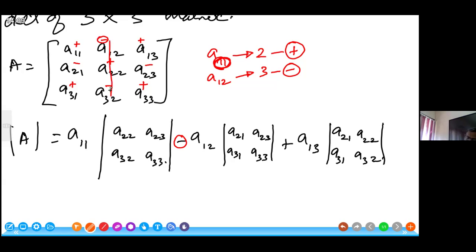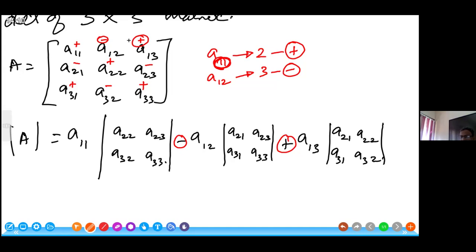A12 belongs to this column and this row. Knocking off that row and column, we get the cofactor of A21, A23, A31, A33. Then we go for plus A13, because that is a plus, being an even number.